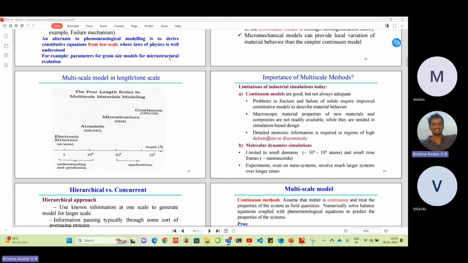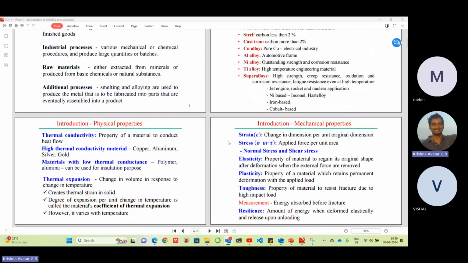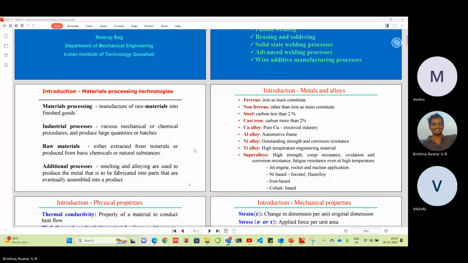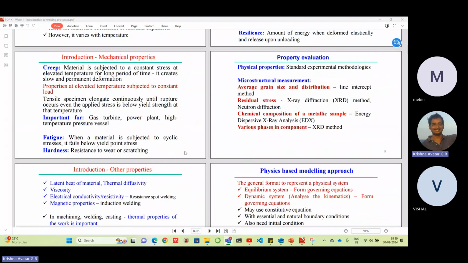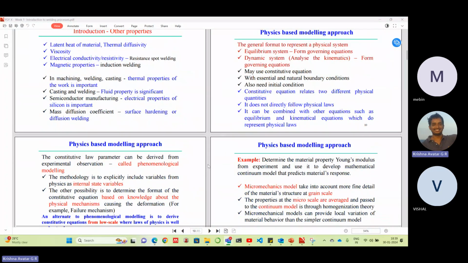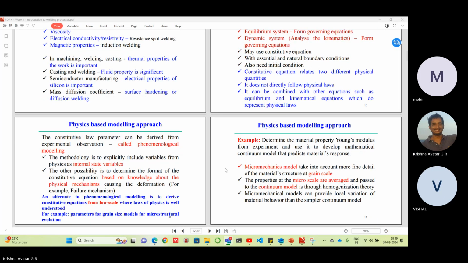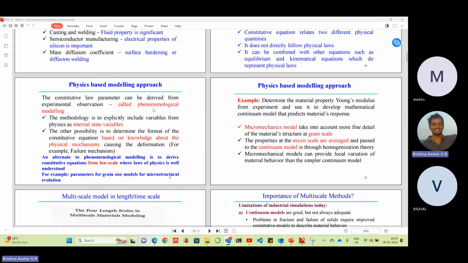Essentially I've been going through some of the ideas about processing technologies and how the physical and mechanical properties are affected. I briefly discussed the different ways of constitutive modeling. One is what we call physics-based modeling, and the other is phenomenological modeling.